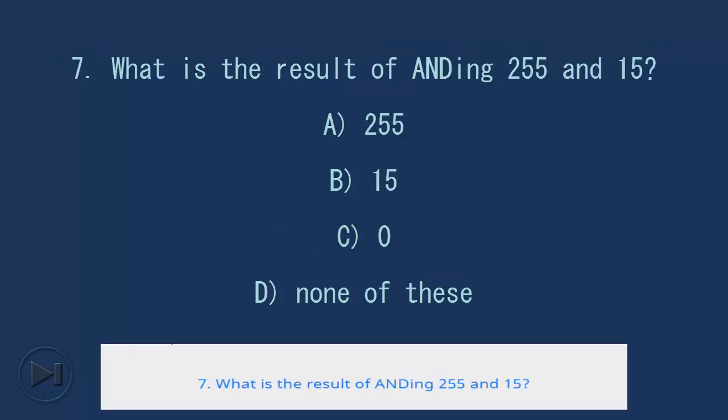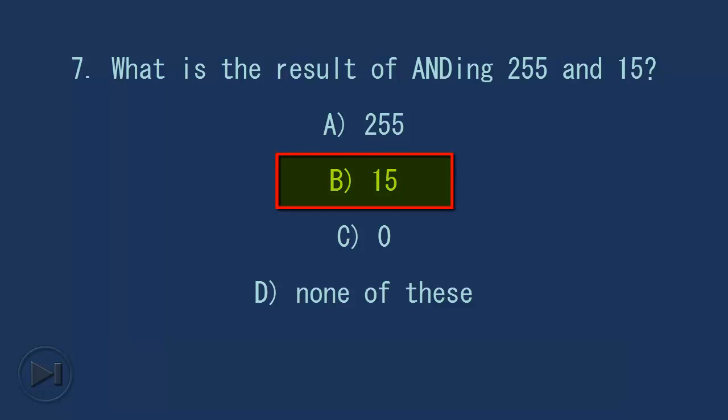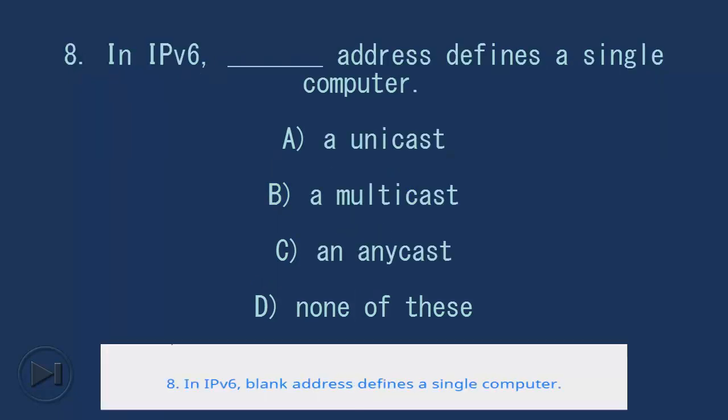7. What is the result of ANDing 255 and 15? A. 255. B. 15. C. 0. D. None of these. Answer, B. 15. 8. In IPv6, blank address defines a single computer. A. A unicast. B. A multicast.